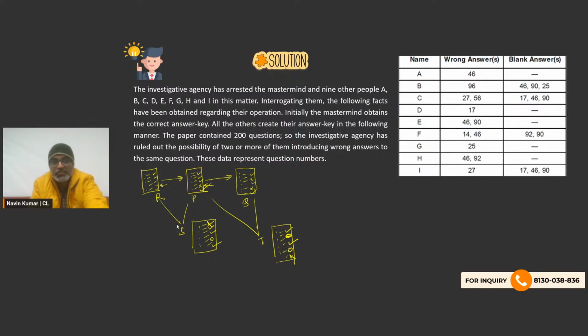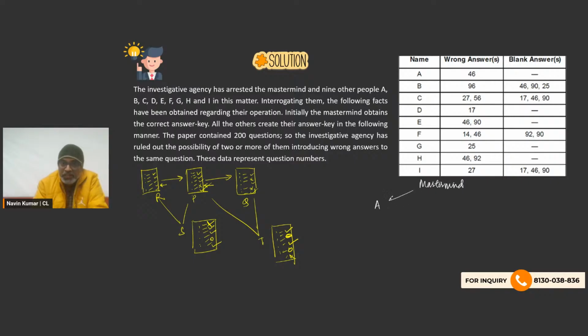Okay, so let's try to figure out who is the source of whom. If we look at A, he has only one wrong answer, which is 46, and there is no blank answer. So if I call this guy the mastermind, anybody who copies from the mastermind obviously won't have any blank answer, but there is going to be only one question whose answer is wrong.